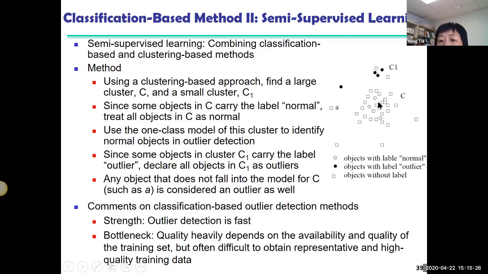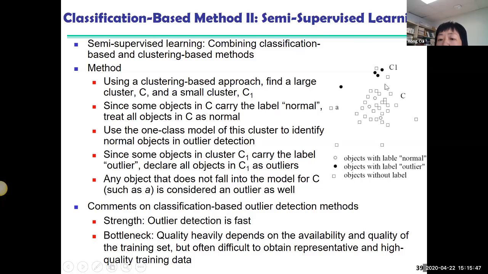For example, if you have large and small clusters, one with positive normal labels and one with negative outlier labels, you can pick the cluster with the most outlier labels and label everything in it as outliers.